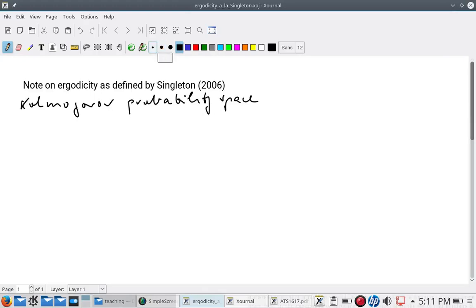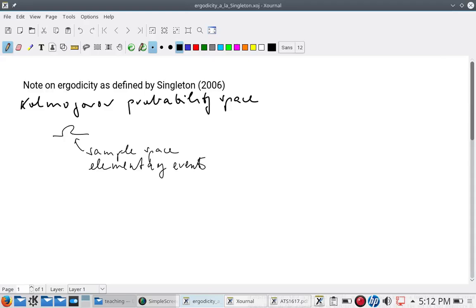This is a concept that was developed in the 1930s by the Russian statistician Kolmogorov, and his idea is to start the fundamentals of probability theory by defining a triple, and this triple consists of a set which is called omega, which we refer to as the sample space, and that sample space contains all possible outcomes, so-called elementary events, of a random experiment.